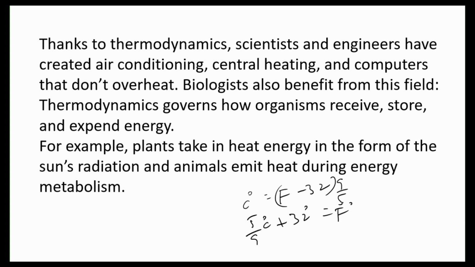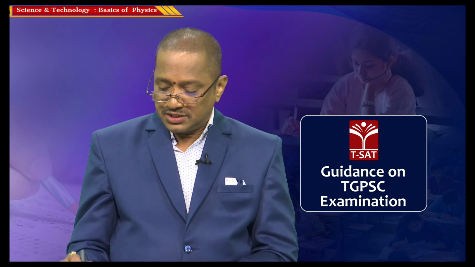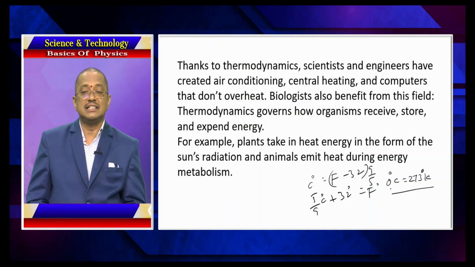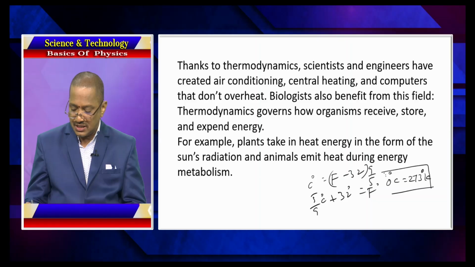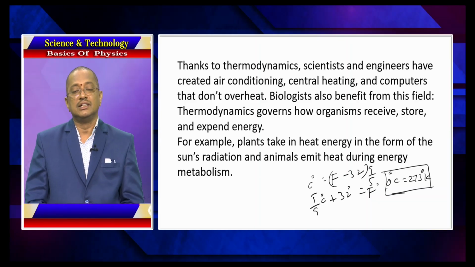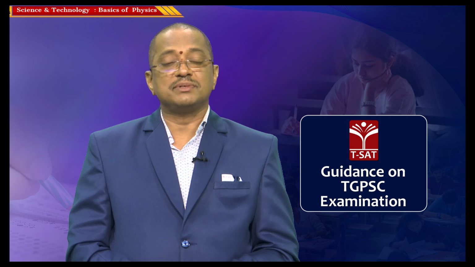And there is a temperature called Kelvin, and 0 degrees Celsius is equal to 273 degrees Kelvin. And like this is a relation. And as you know, enthalpy, entropy and all these things are about this thermodynamics concept. So this is most important.